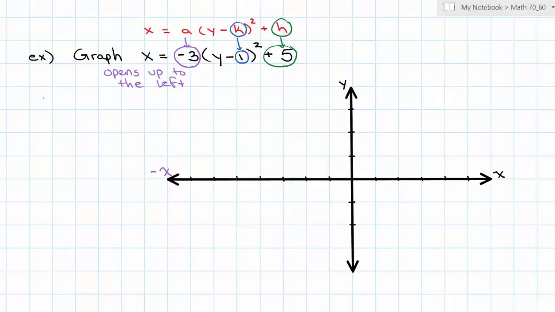So therefore, my vertex, which is h comma k, so be careful with the order here, because this time the order is kind of switched from the other standard equation graph we were doing. So you want to make sure you write this correctly. It's going to be 5 comma 1. That's going to be our vertex.